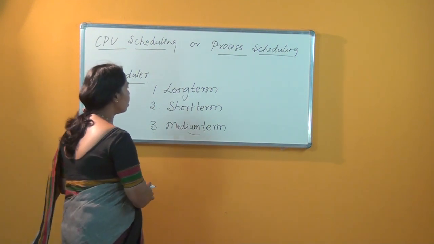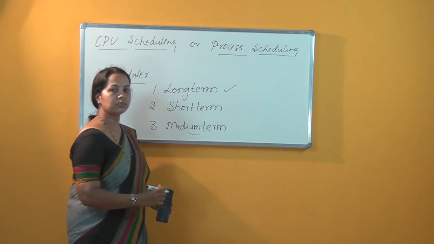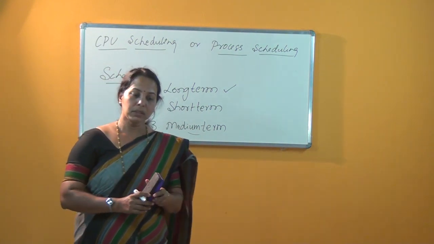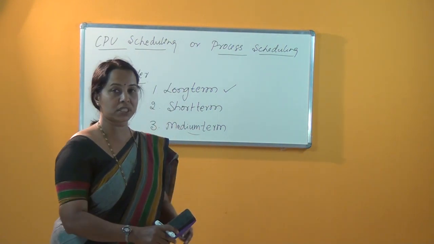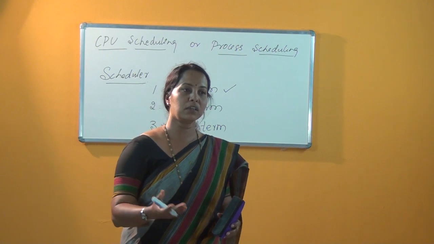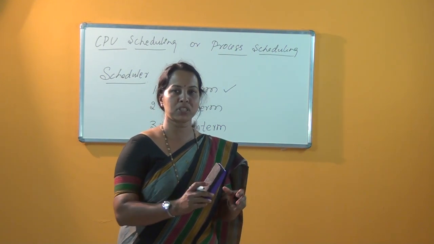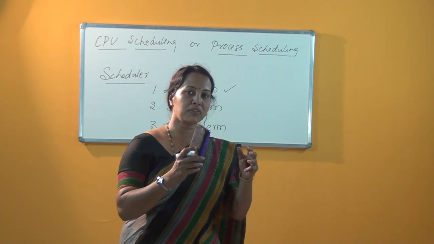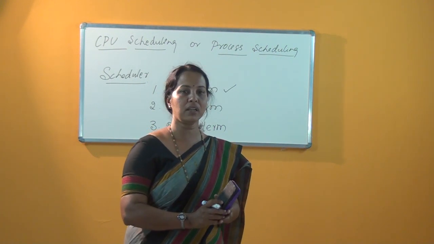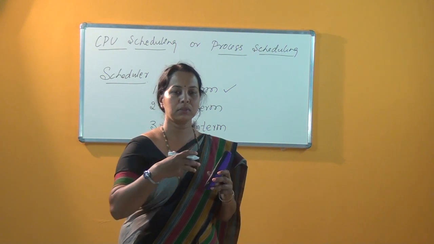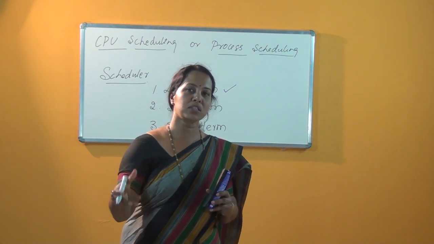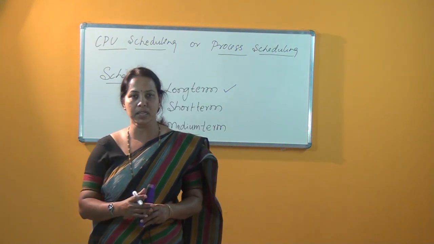The first one is the long-term scheduler. When the number of tasks given to the system is more than the capability, that means more than can be processed by the system at a time, all these processes reside in the mass storage, that is, the secondary storage.